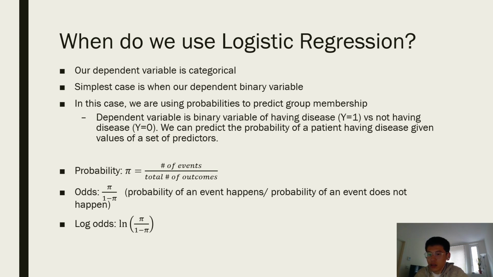This is the odds. And the log odds is the logarithm of the odds, which in a lot of cases is termed logit. So the logit is just the natural log of odds.